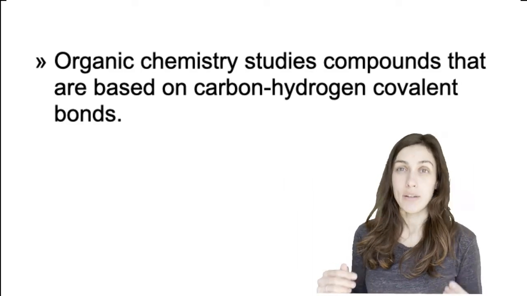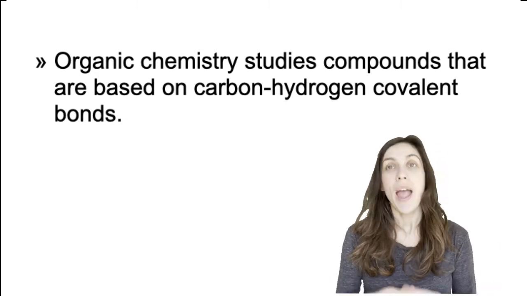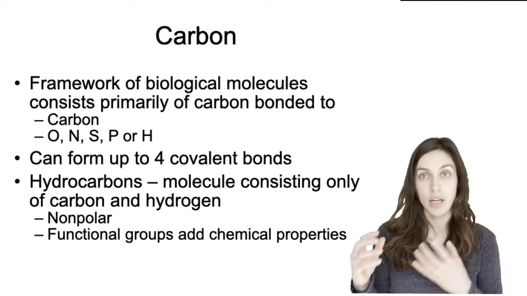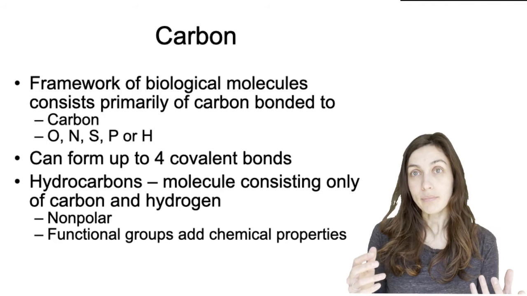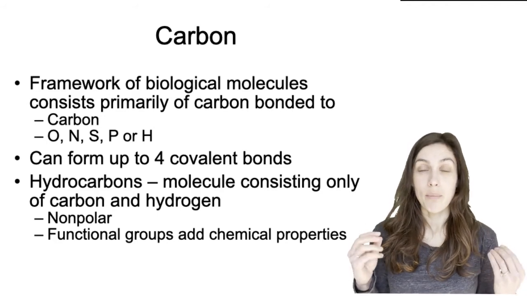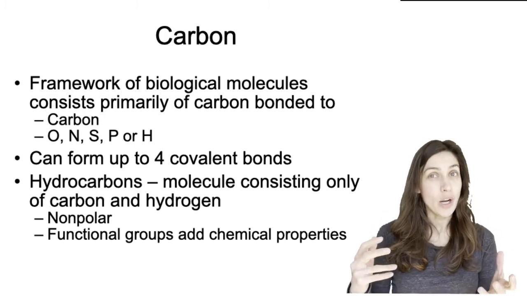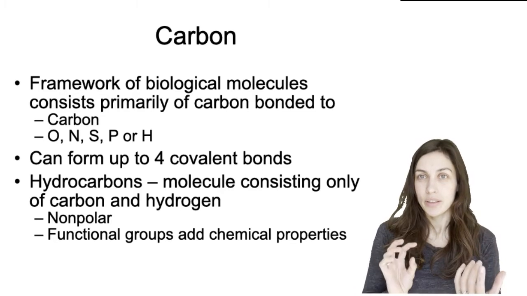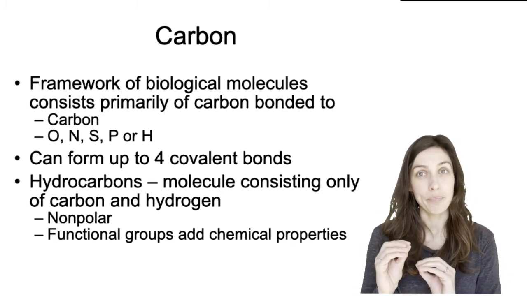Organic chemistry studies compounds of carbon linked with hydrogen, and molecules that are made only of carbon and hydrogen are called hydrocarbons. Most molecules that make up living things are hydrocarbons with other pieces, other molecules attached to them or working together with them.